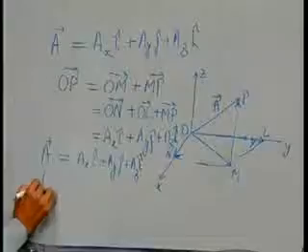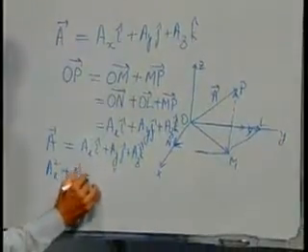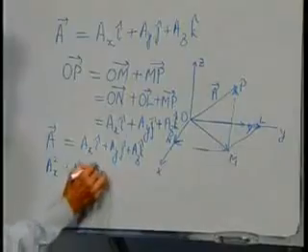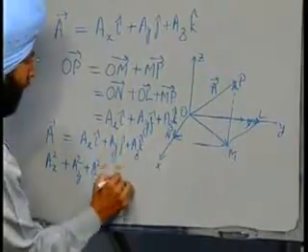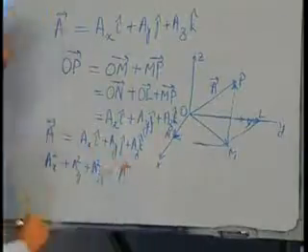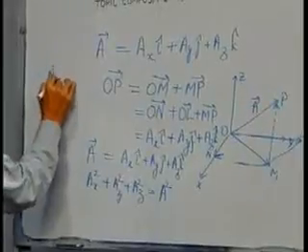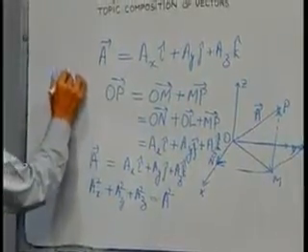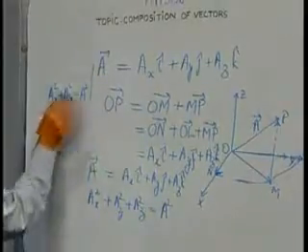Now, if we take the square of all these, AX square plus AY square plus AZ square, we can write this equal to A square. We are generalizing the earlier relation AX square plus AY square in 2 dimensions is equal to A square.